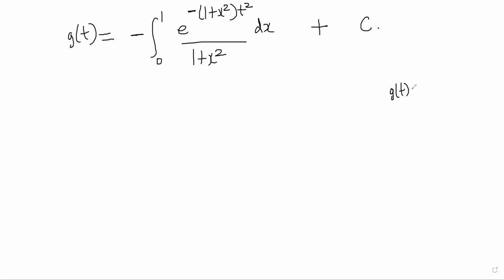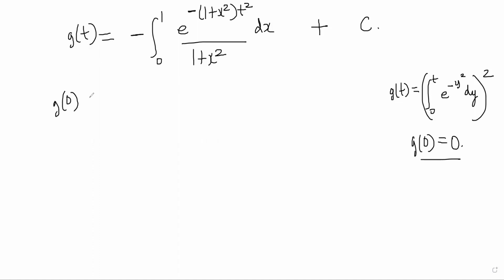My g(t), if you remember, was the integral from 0 to t of e^(-y²) dy, whole squared. So that tells us that g(0) must be 0, because you put limit 0 here, the integral vanishes. So if g(0) is 0, I'll put t equal to 0 here. So g(0) is equal to minus the integral from 0 to 1, and if I put t equal to 0, the top part here vanishes.